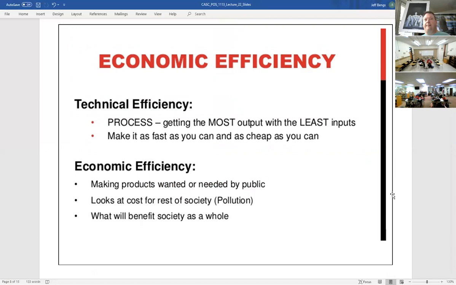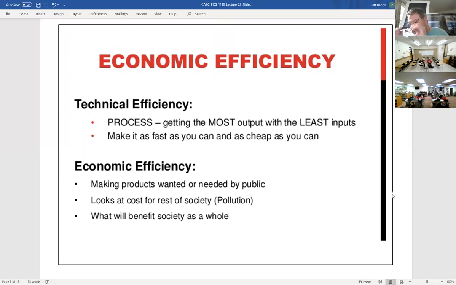So basically, it is setting up regulations and rules and guidelines so that producers, business owners, will get the most output with the least inputs.